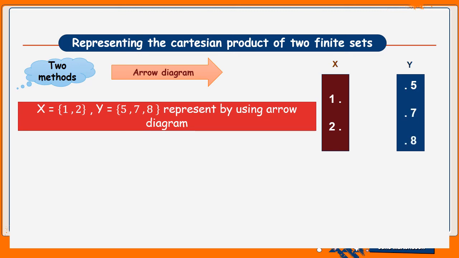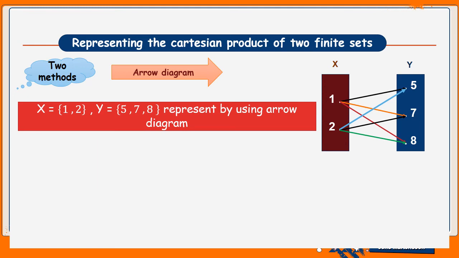So we want to represent this with arrows. The first arrow is 1 with 5, the second arrow is 1 with 7, and the third is 1 with 8. Then 2 with 5, 2 with 7, 2 with 8. So we have the set of ordered pairs.